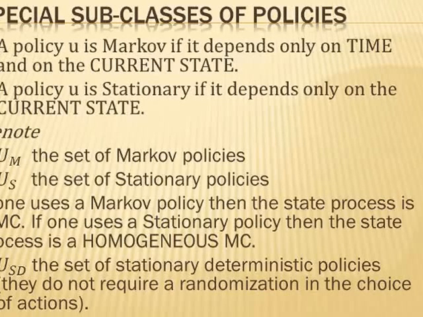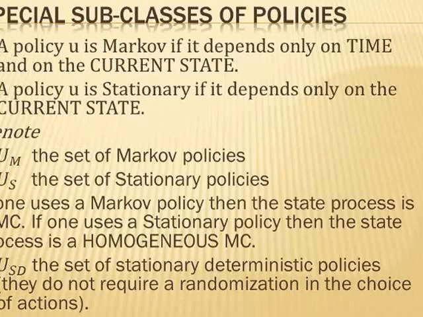Now, if one uses a Markov policy, then the whole state process becomes a Markov chain. If one further uses a stationary policy, which is a subclass of Markov policies, then the state process is a homogeneous Markov chain.